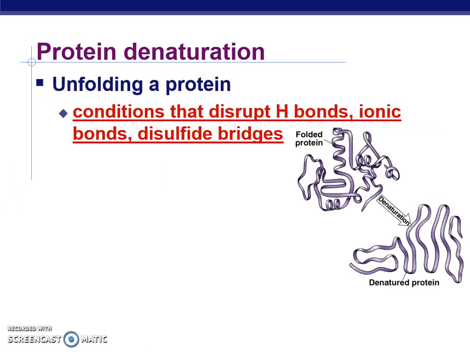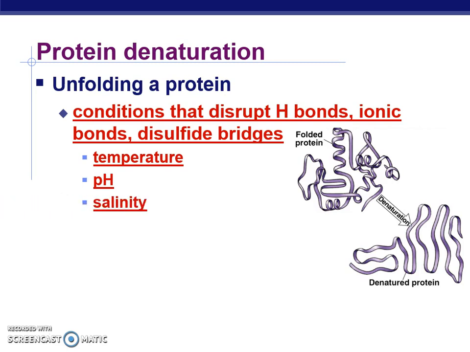And so any conditions that are going to disrupt that secondary and tertiary structure, those bonds that form, the hydrogen bonds, ionic bonds, or those disulfide bridges, are going to cause this denaturation. So things like temperature is going to disrupt the bonds, pH, you're changing that external environment, and by doing so, you're going to change the way that those molecules or those R groups interact with each other.